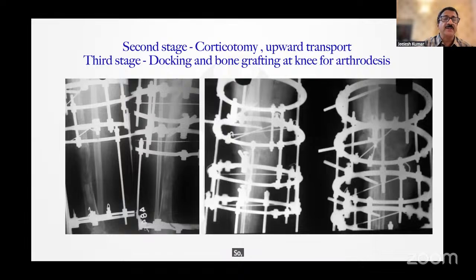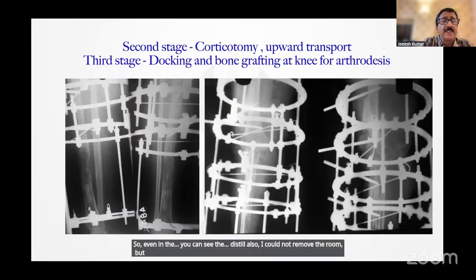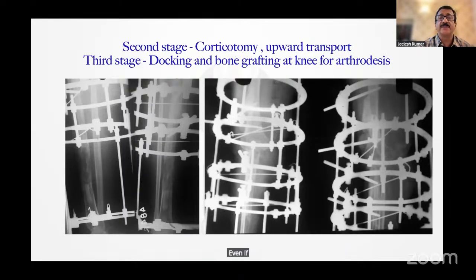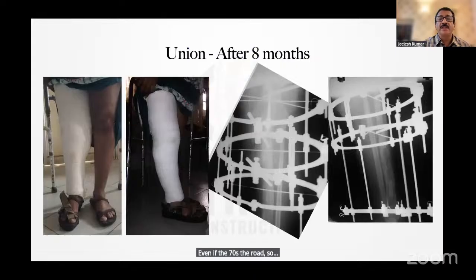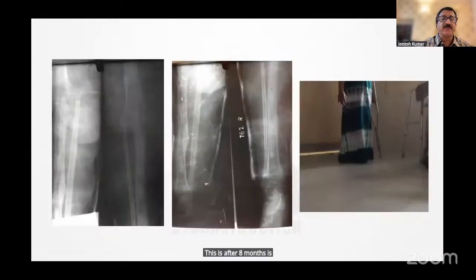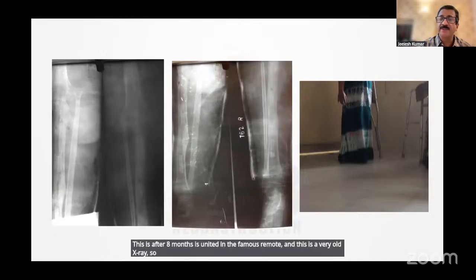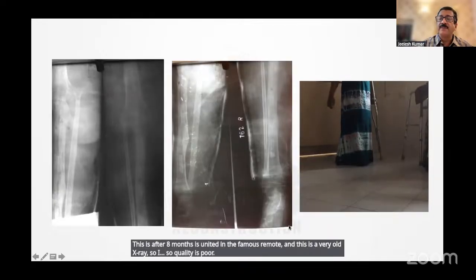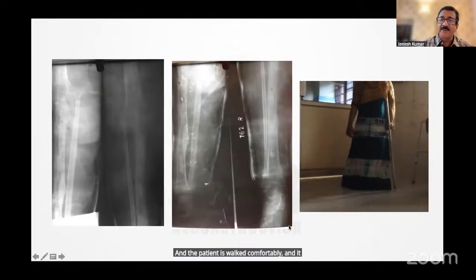Even the distal one I could not remove, but still you can see the regenerative quality is good even if the cement is there. So this is after 8 months, it's united and the frame was removed, and this is a very old X-ray, so quality is poor, and the patient walked comfortably.